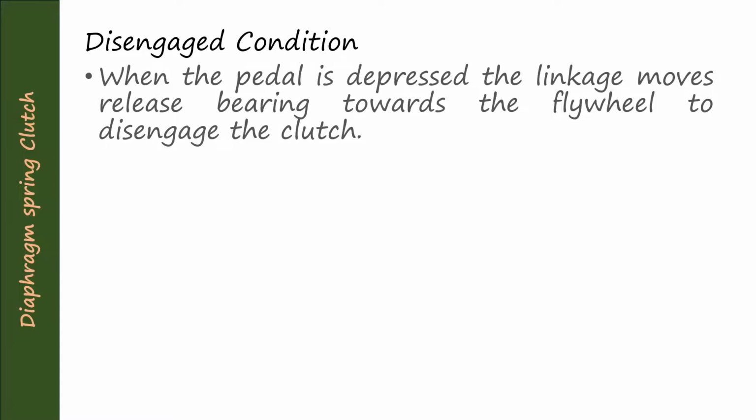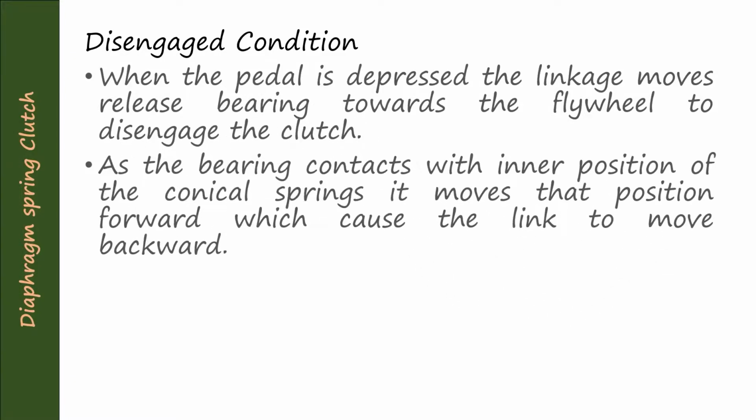It moves the release bearing and cuts the link between the flywheel and the clutch, and it disengages the clutch. The second point is, as the bearing contacts the inner portion of the conical spring, it moves that portion forward, which causes the outer portion to move backward.